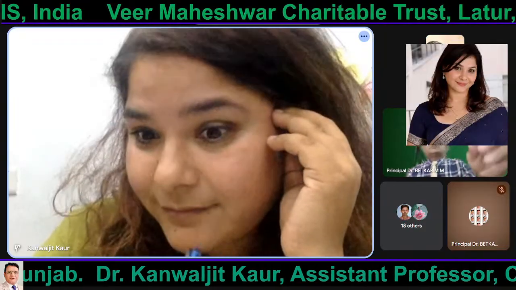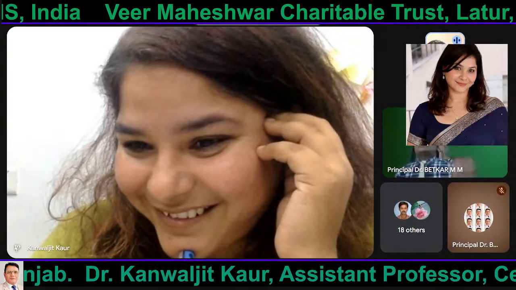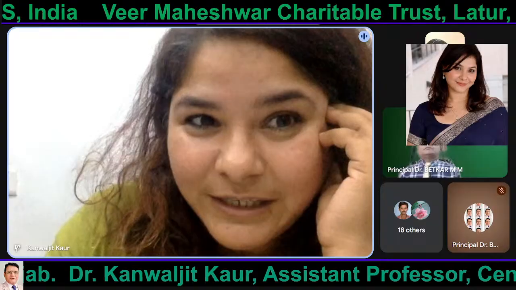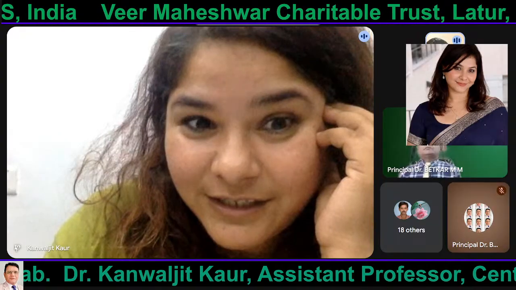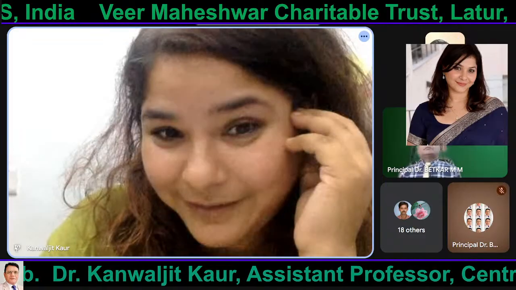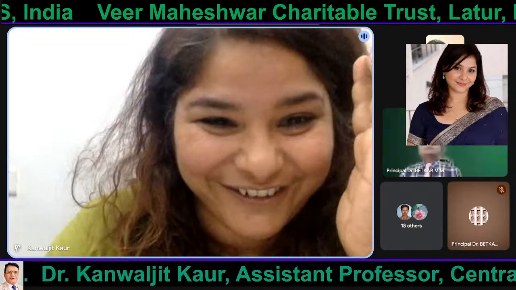Approximately what is the cost if I go with Elicit Pro? I have mentioned this in my presentation. I am not promoting Elicit, but still I am telling you the cost.